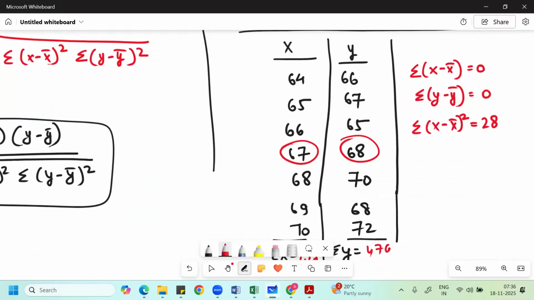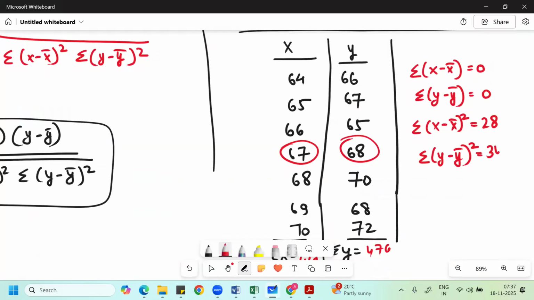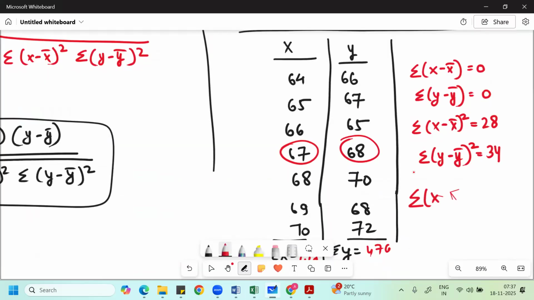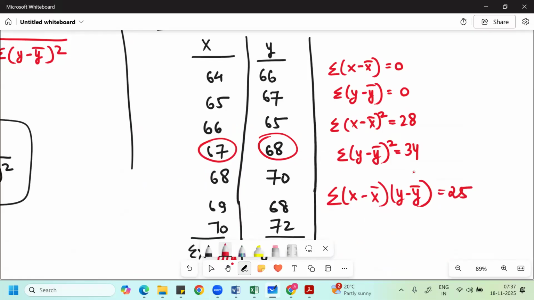Then I did the sum of (y minus y bar) whole square, and this sum I'm getting as 34. Then I did the sum of (x minus x bar) into (y minus y bar), and this I'm getting as 25.